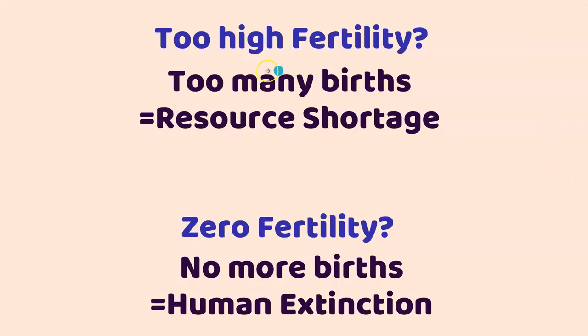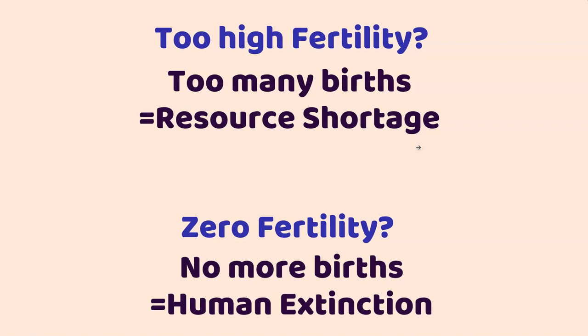So too high fertility, which means too many births, means that in some parts the resources are short. As Thomas Malthus worried about, if there is a too high fertility rate, there would be the chance of having very, very low levels of resources, because we have a limited amount of resources on the earth, and we need to share those limited resources with more people.